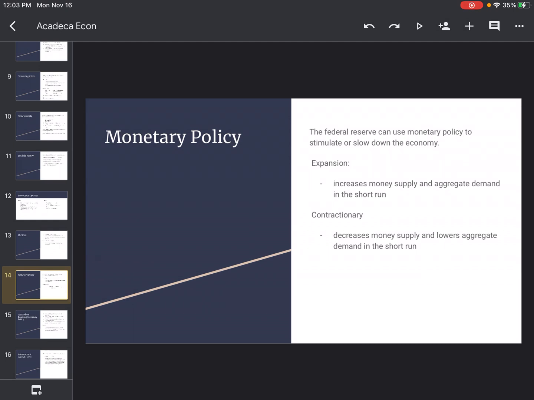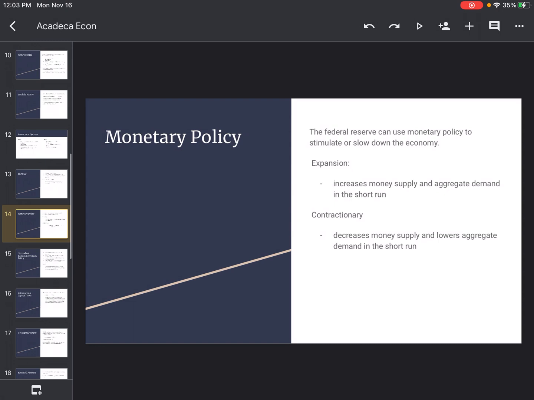And then contractionary, which decreases money supply and lowers aggregate demand in the short run. Monetary policy has three goals: price stability, full employment, and economic growth. But it's impossible to achieve all three simultaneously. So it's really just what is in the need of most aid at a particular time.